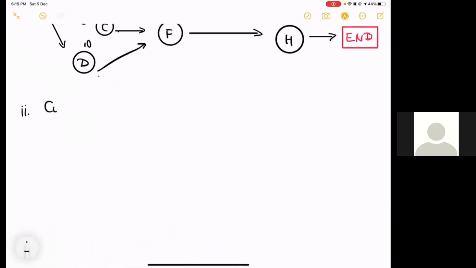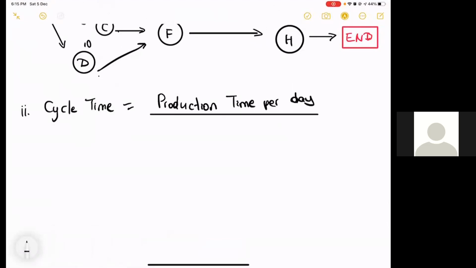So my friend just said cycle time is equal to, excuse my bad handwriting, production time per day divided by the output per day. Great. And this is just simply seeing that we know the formula.